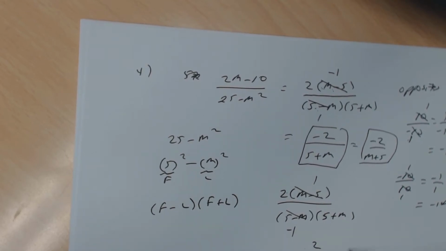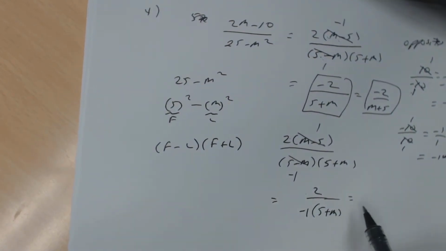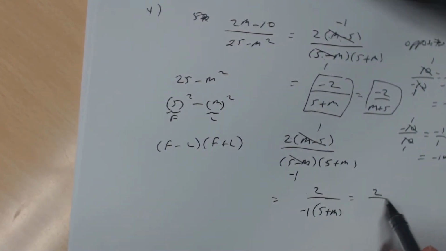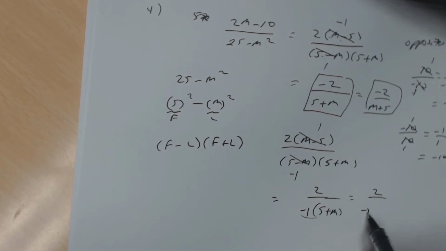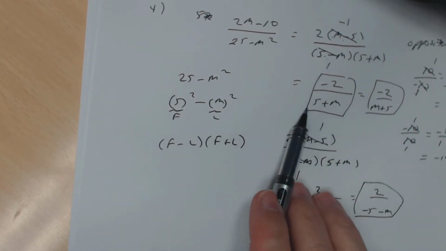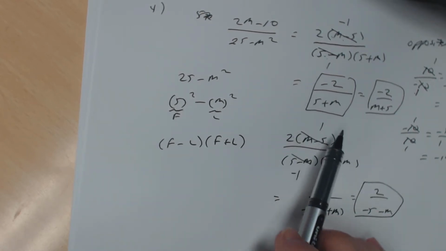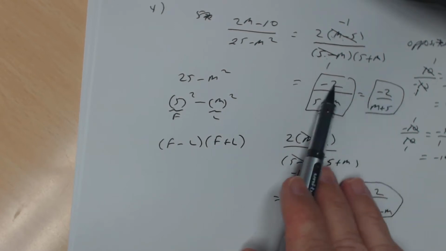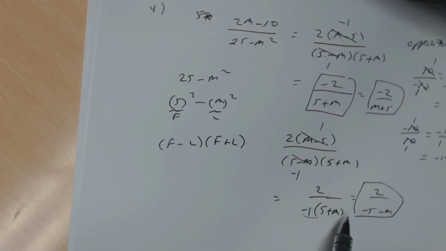But I do need you to understand that if you distribute, you're going to get negative 1 times 5 is a negative 5, negative 1 times m is a negative m. That's still correct also. All of these mean the same thing. It's just that here your numerators had the negative factor, and here your denominators had the negative 1 in it.